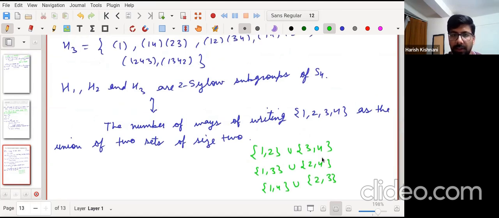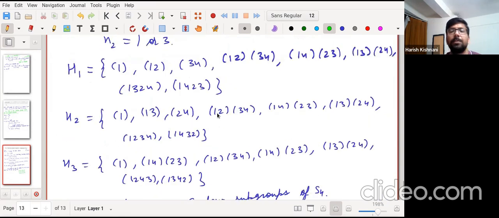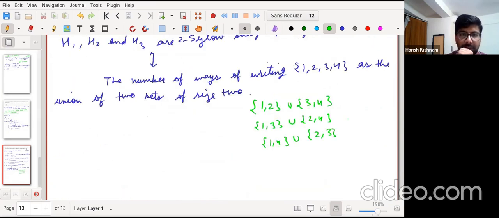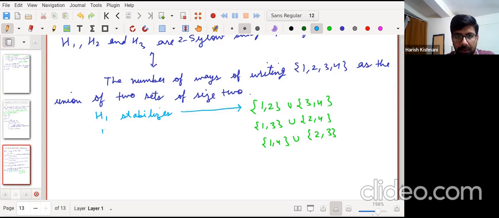See, first with 1, 2, 3, 4 and the first group. H1 stabilizes this union, and H2 stabilizes this, and H3 stabilizes this.